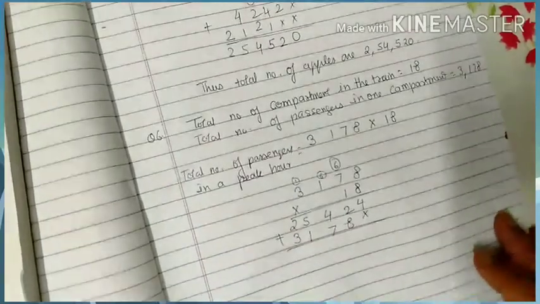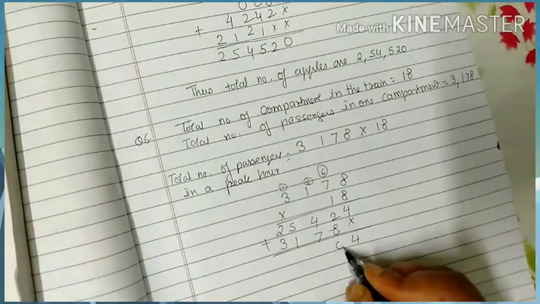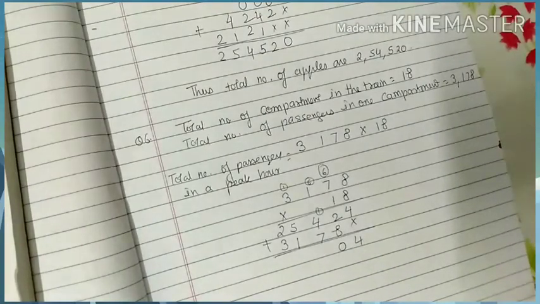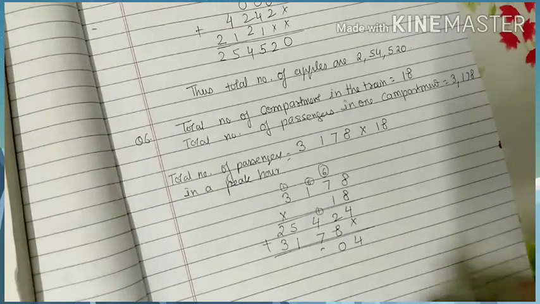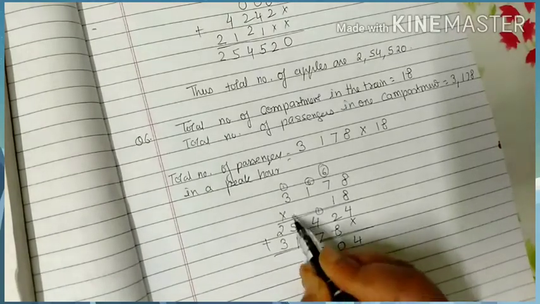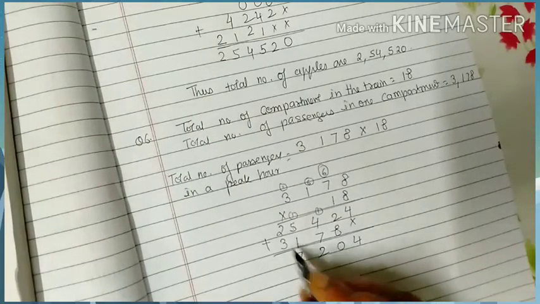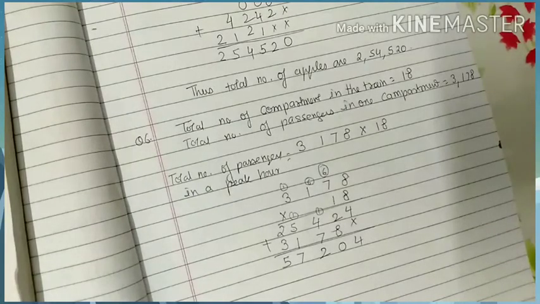Now what we have to do? We have to add. So it will be 4, 2 plus 8 10, 1, 4 plus 1 5, 5 plus 7 12, sorry, 1, 5 plus 1, 6 plus 1, that is 7, 2 plus 3, 5. So total number of passengers in the train at peak hour will be 57,204.